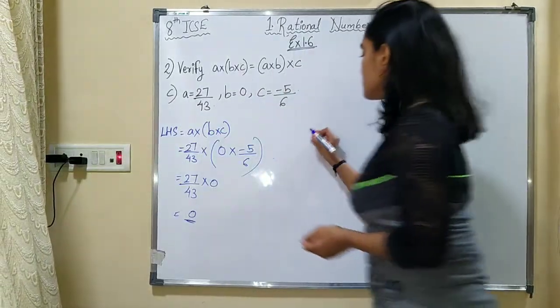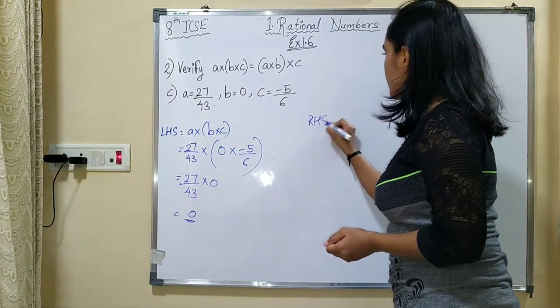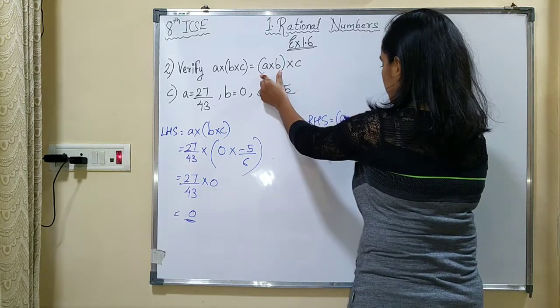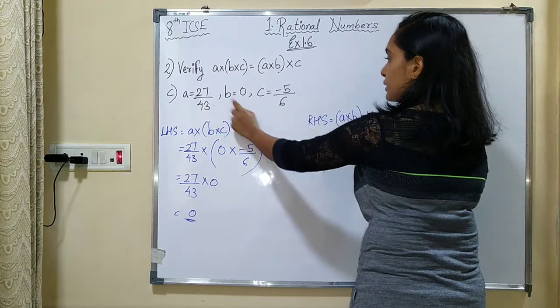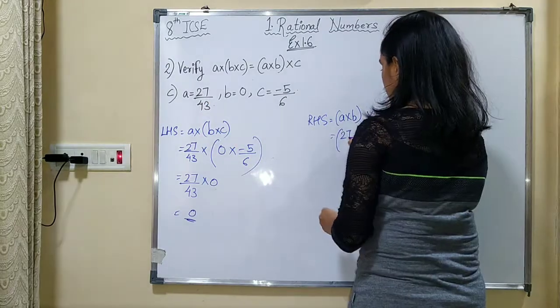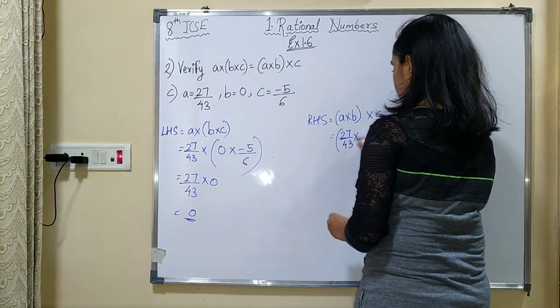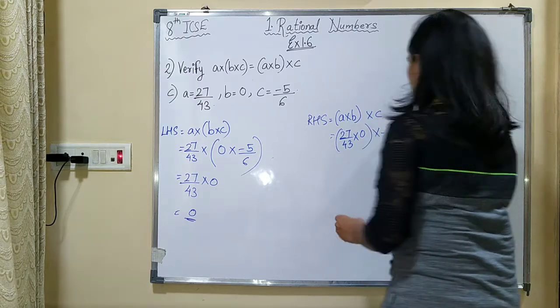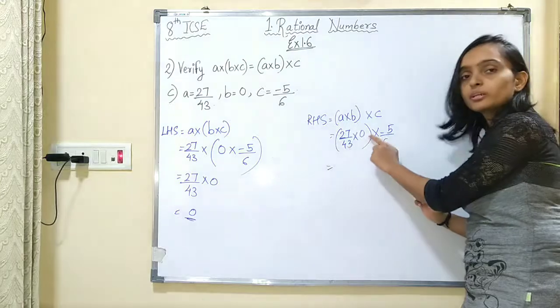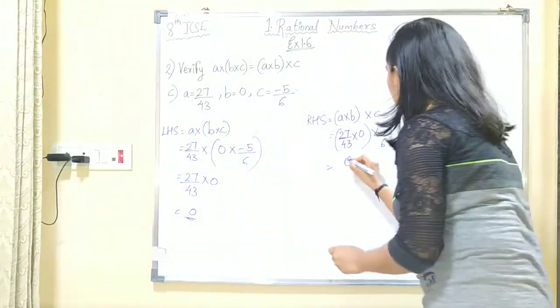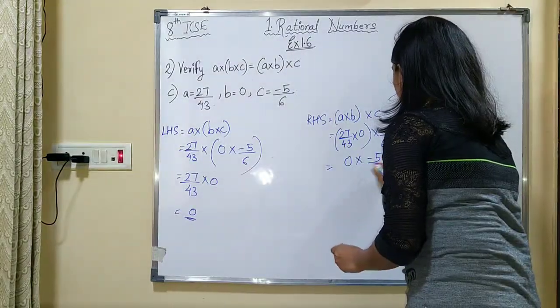Now for RHS, you will get RHS equals a multiplied by b multiplied by c. So a multiplied by b is 27 upon 43 multiplied by 0, which is then multiplied by minus 5 upon 6. So 27 upon 43 multiplied by 0 will be 0 again, and 0 is multiplied by minus 5 upon 6.